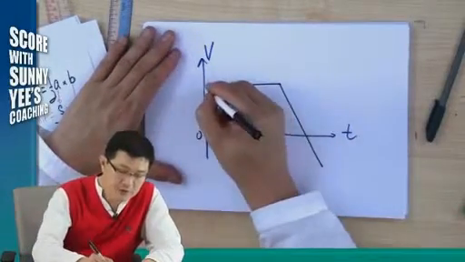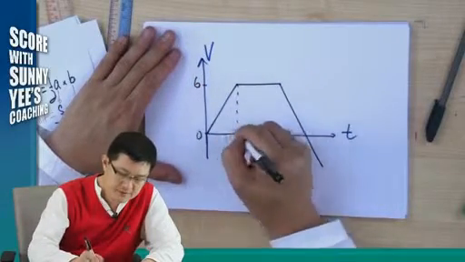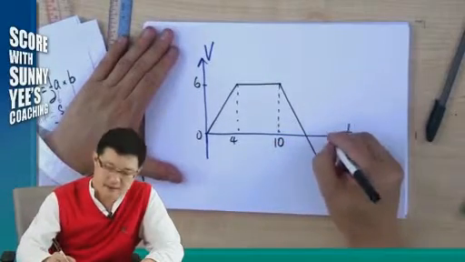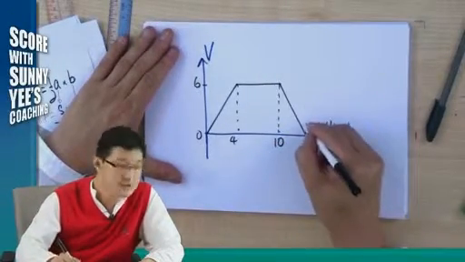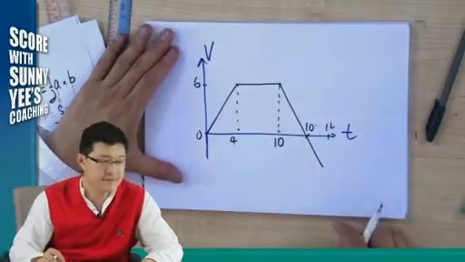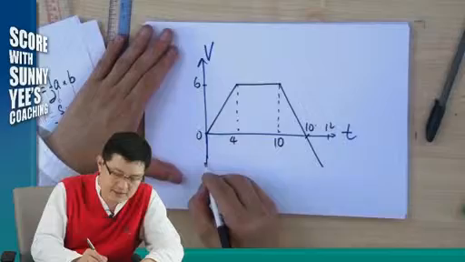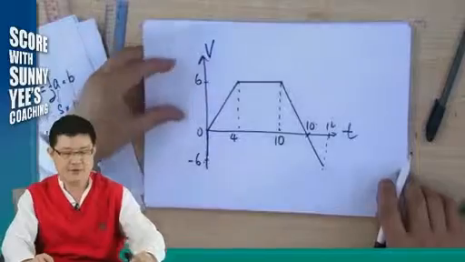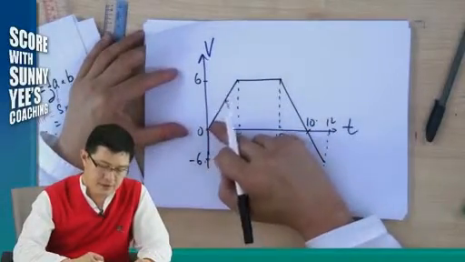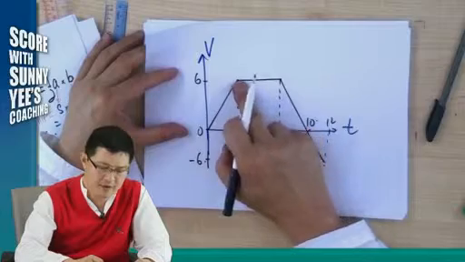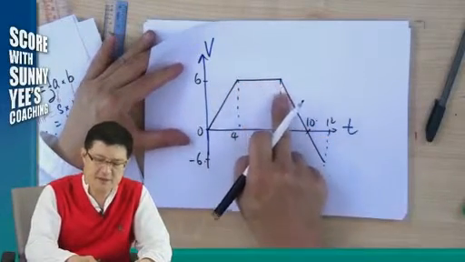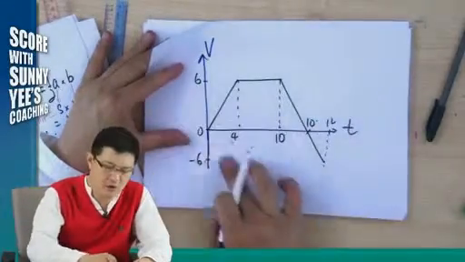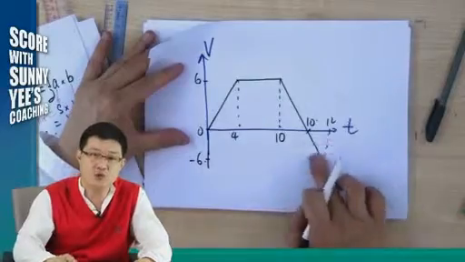Say this is 0, this is 6, I have 4, I have 10, and this is 12, this is also 10, and then this is negative 6. Now you can see increasing velocity uniformly, constant velocity, decreasing velocity, opposite direction, speed is increasing. So from the whole graph, you know what it means already. It is going in the opposite direction.